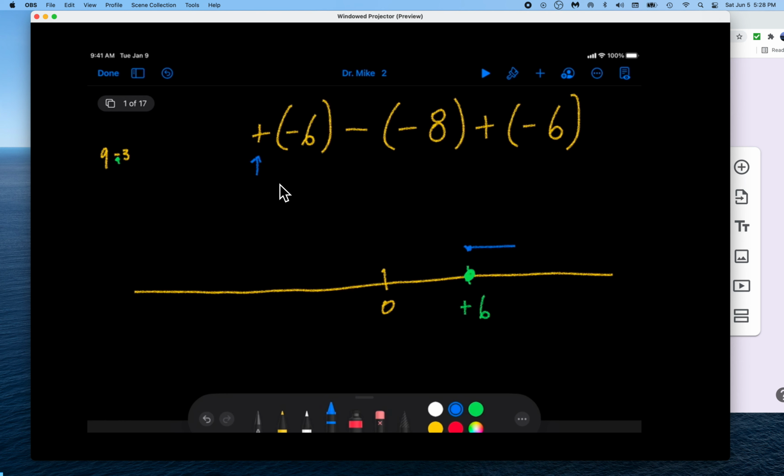If we honor the minus sign, we would be moving this way on the number line. So which way do we go? We cannot make a move on the number line until we reduce the plus and the minus to one sign.